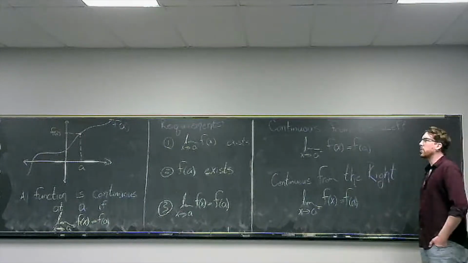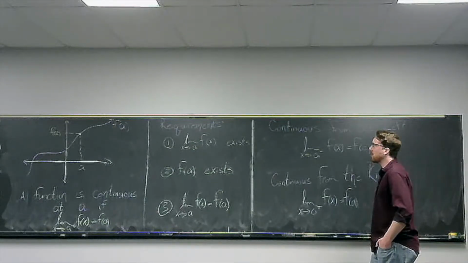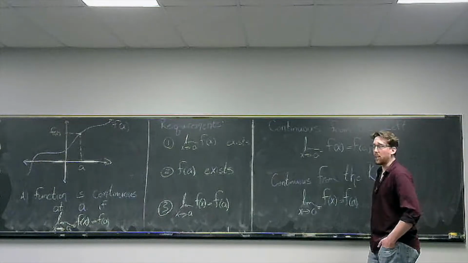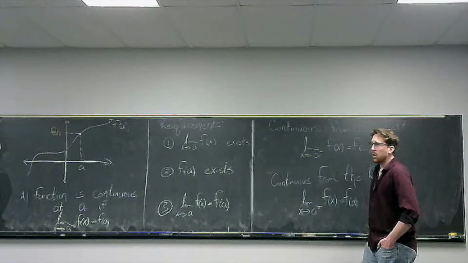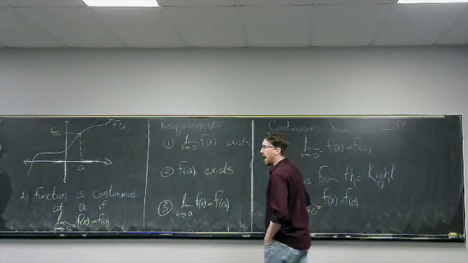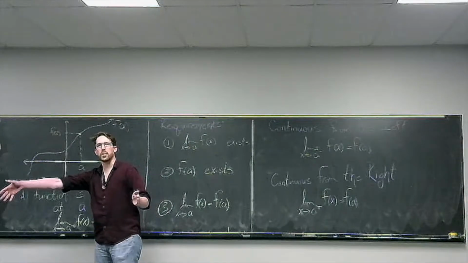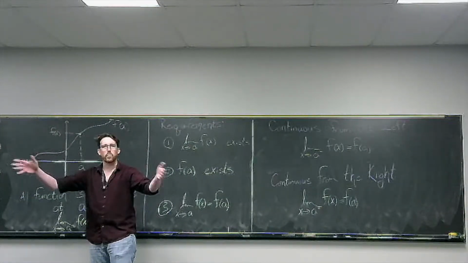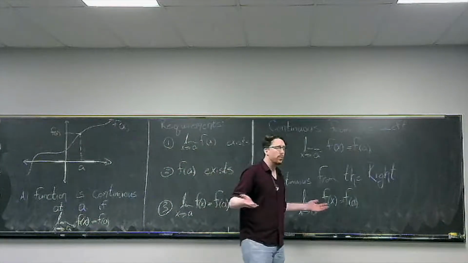Notice though, this idea of continuity is going to require us to talk about a whole bunch of numbers all at once. It doesn't make sense to say, I'm continuous at 1 and count every value until you get to the end of that interval, right? You can't do it. It's impossible to do.